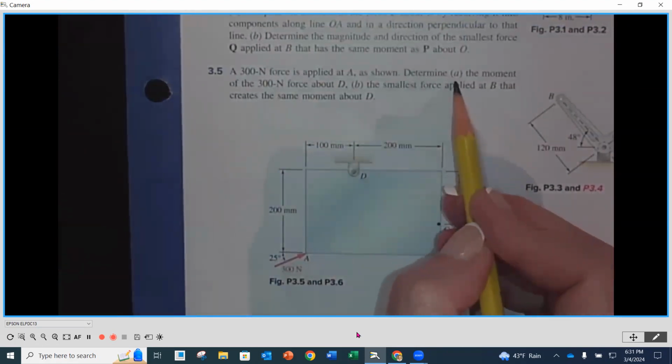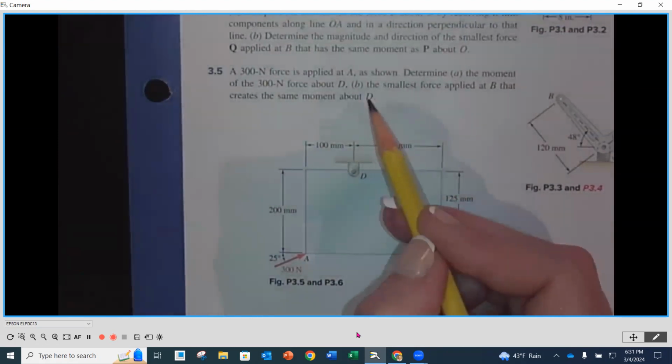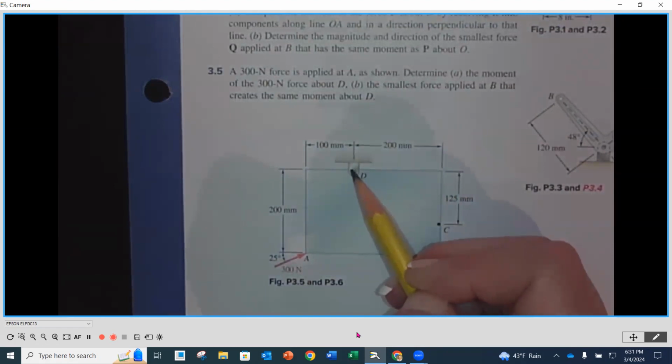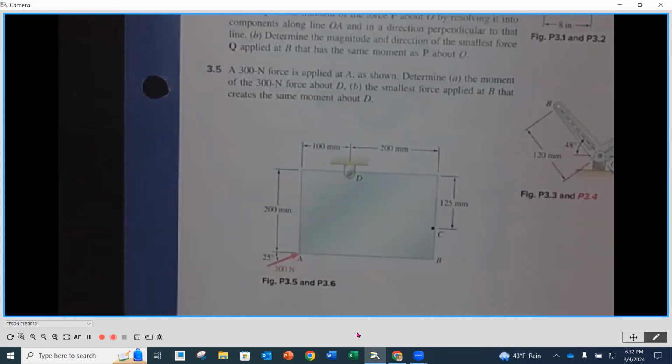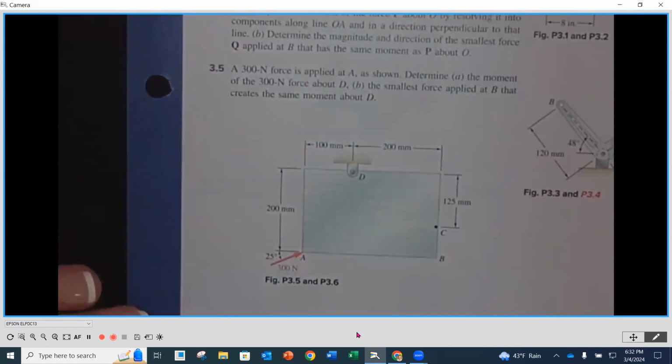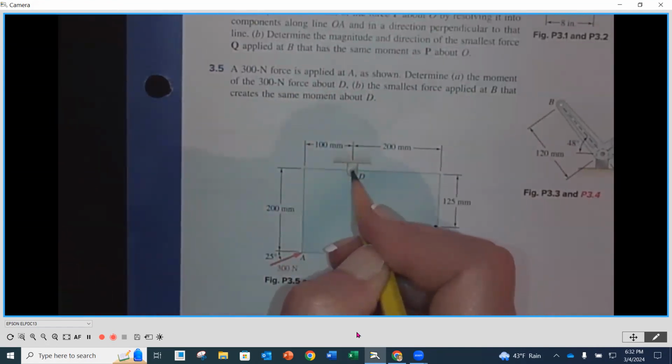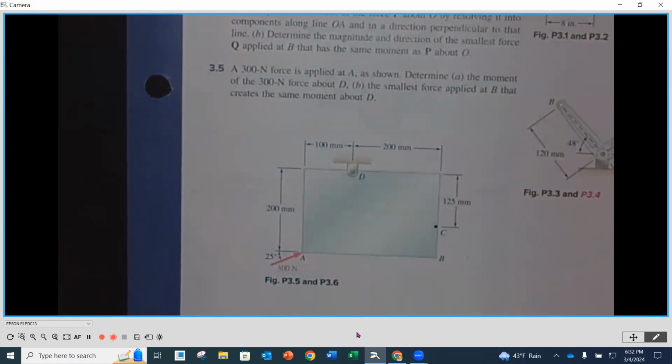Remember, part A only: we want to determine the moment of that 300 Newton force about D. There is an illustration here with a pivot point at D and a 300 Newton force at an angle. It looks like you probably want to break something into components, right? All you want to do is determine the moment about point D that it creates. That's it. Just part A for this one, worth 10 points.